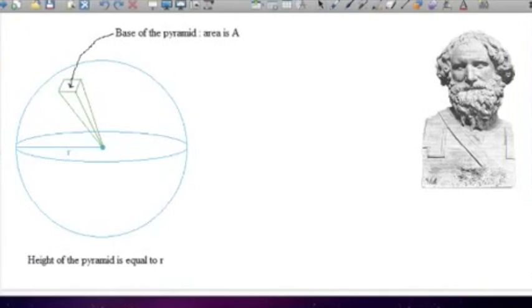Now, the bases of the pyramids are very tiny polygons, but the height of each of those pyramids is going to be equal to the radius of the sphere. You'll notice that the heights are pretty approximate there. So we do know that the volume of a pyramid, so we're going to use the volume of a pyramid here.